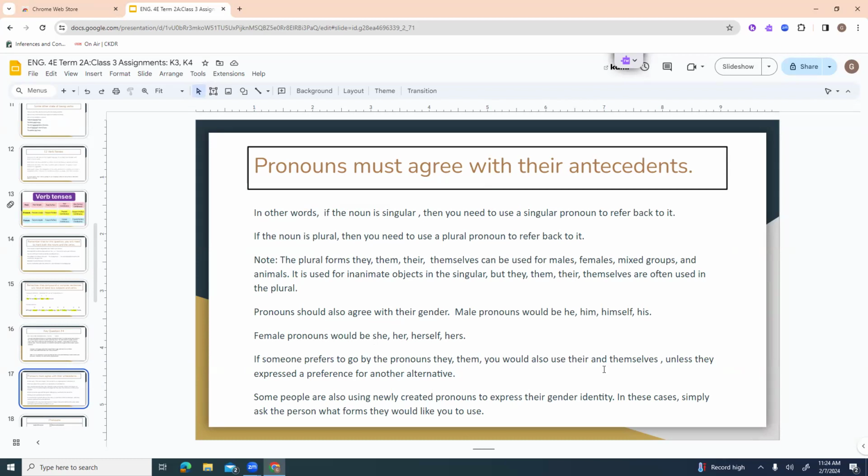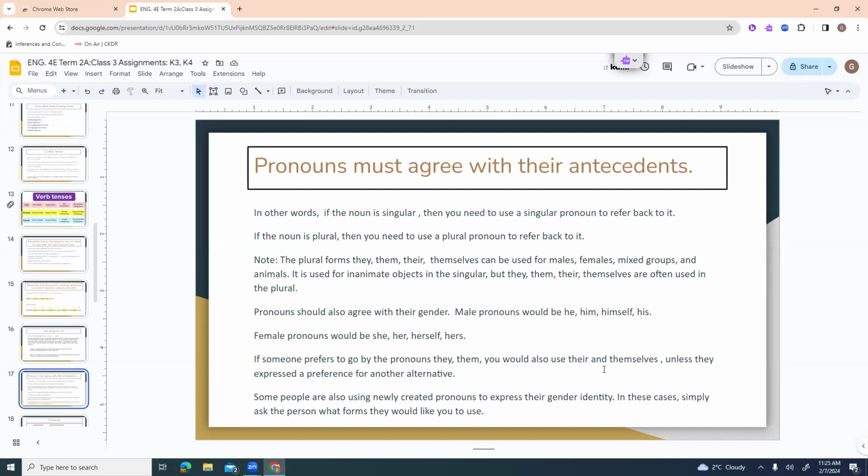The plural forms they, them, their, themselves can be used for either several males, several females, also mixed groups. Some people would use it for animals, some people would use they. Currently, it's also considered one of the gender options, and that's fine. You just would have to stick with it, right? We can't switch back and forth. You got to pick one and stick with it in the sentence.